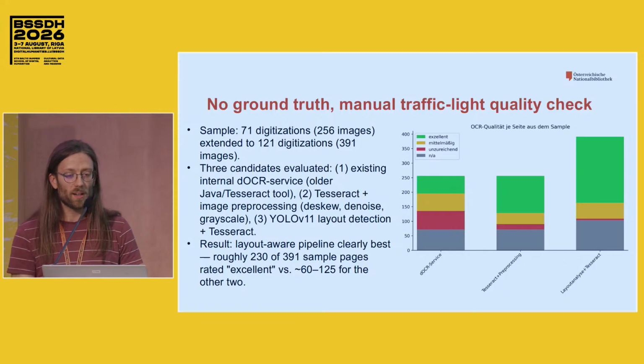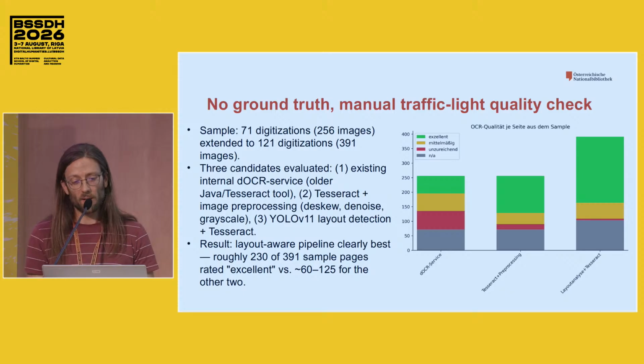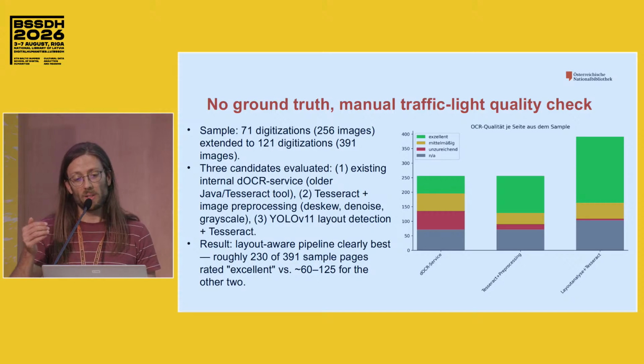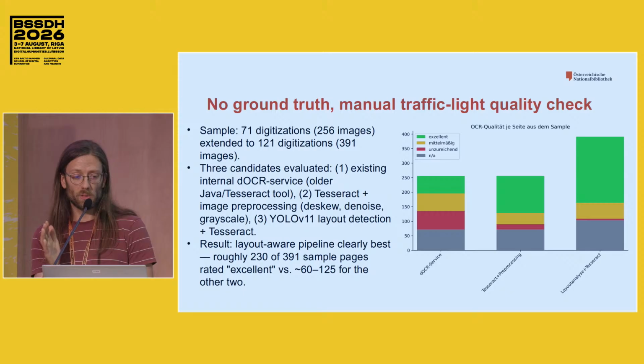I will skip the details on the left side, but previous work is the leftmost column, where you get a nice flag of some country that I don't recall, but it means there's a couple of pages that are in good shape, then other pages that are not, and then also a lot that are completely not up to speed. And then if you do easy stuff where you just use Tesseract for text recognition, then it already gets better. But if you add layout analysis before the text processing, then you get the best results.